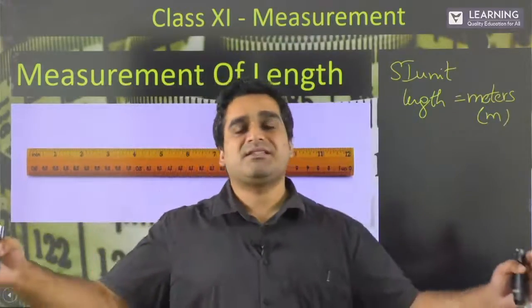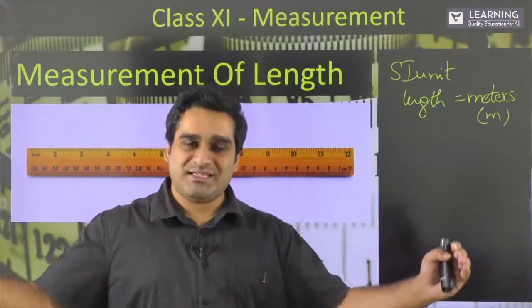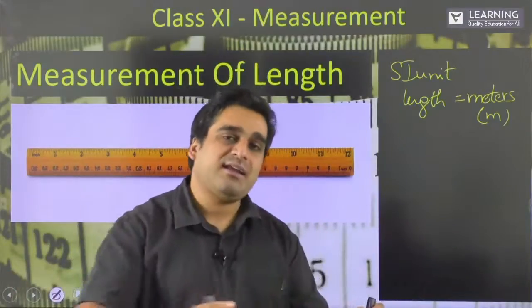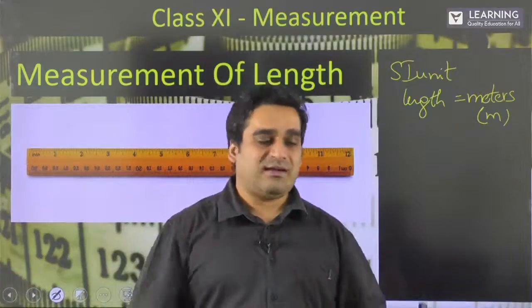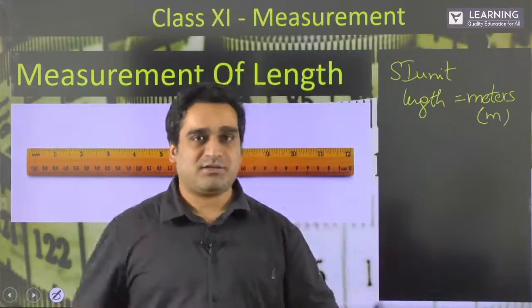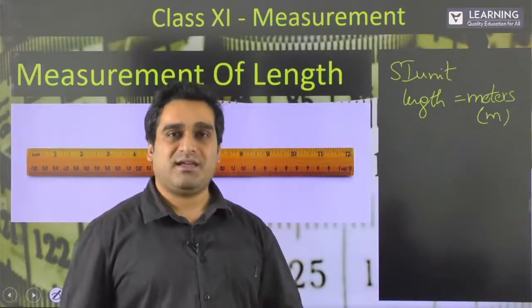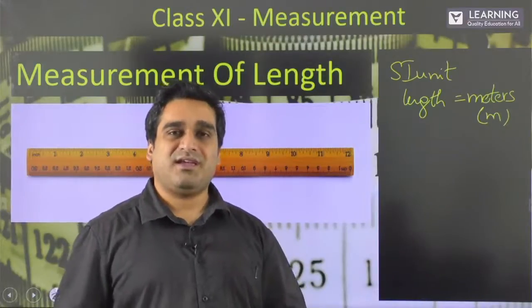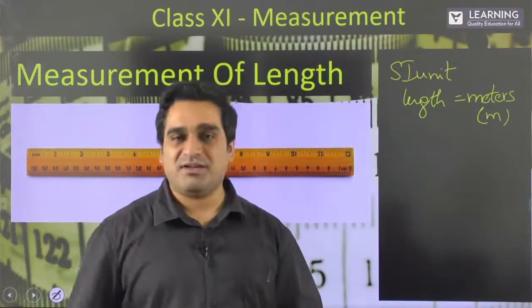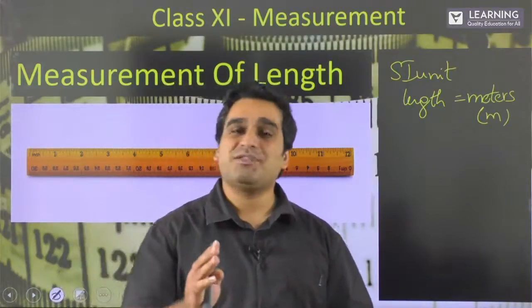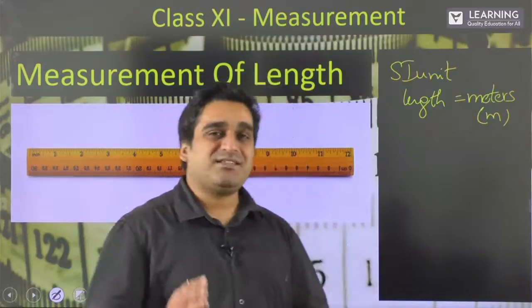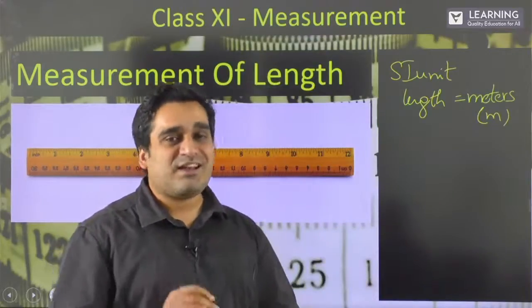This 1 meter scale, which is considered to be a standard, can be cut into parts. If you take the 1 meter scale and cut it into 100 parts, just like a birthday cake. When you take a birthday cake, you ask your friend to cut it into a given number of parts. It's the same thing with a pizza. A pizza is cut into a certain number of slices.